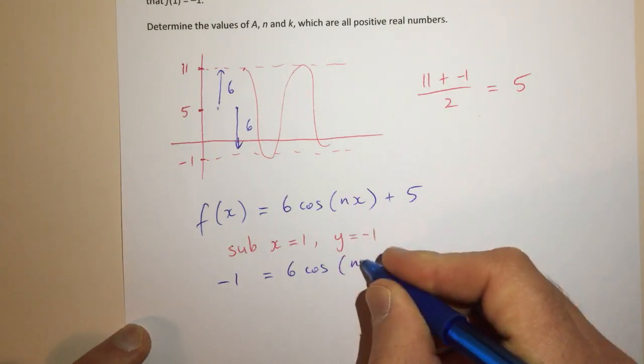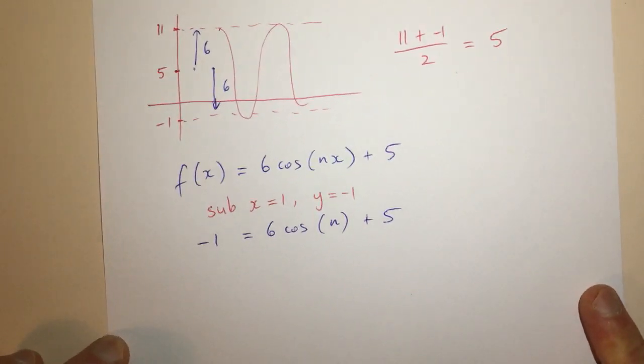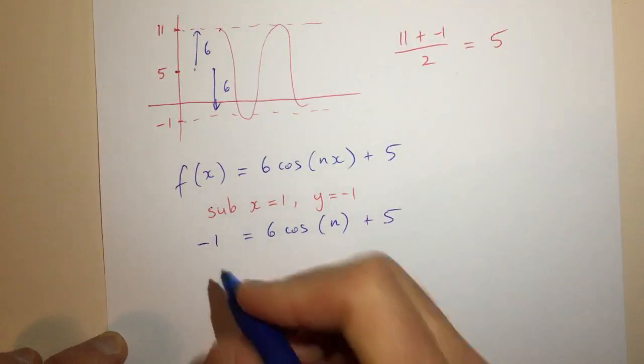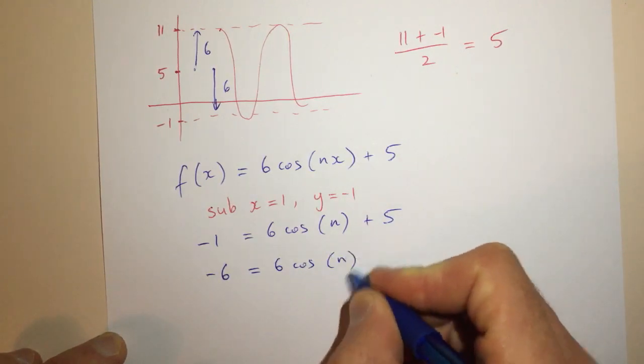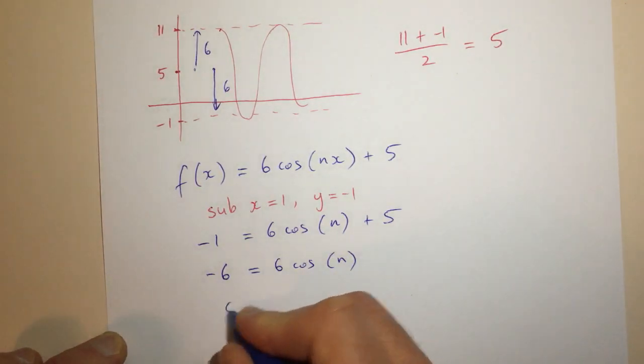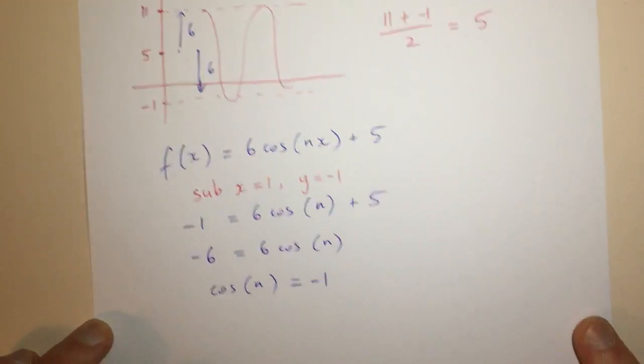So we get n times 1 in the bracket, and the equation we're trying to solve is this one here. So let's take the 5 over, divide both sides by 6, and we're going to get cos of n equals -1.